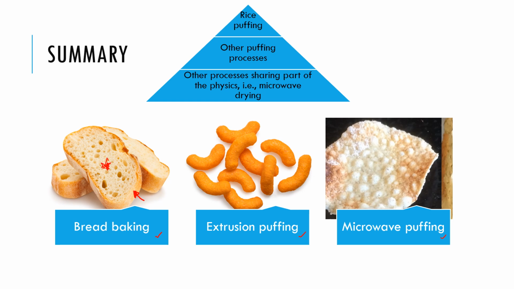For example, in microwave drying, we'll have some of the same physics happening. So what we learned here is not just useful for rice puffing or even just puffing. It's beyond that. It should help us to understand and optimize many different food processes where heating is involved.